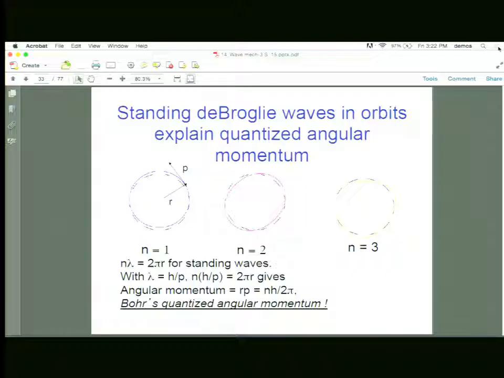The radius of the second orbit is 4 times the radius of the ground state, and the velocity of the second state is 1/2 of the velocity of the ground state. So the picture you have is that in the ground state, the electron has this first Bohr orbit, as they call it, 5 times 10 to the minus 11th meters. As you go up, your radius goes up 4-fold, so it's now 20 times 10 to the minus 11th meters. It's going in a bigger circle, but it's going slower.